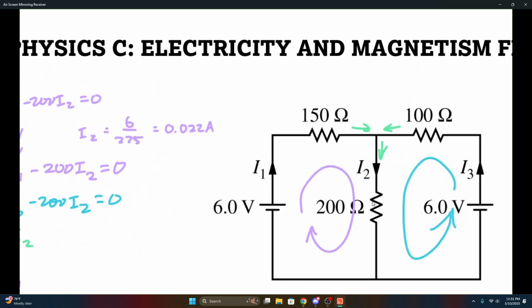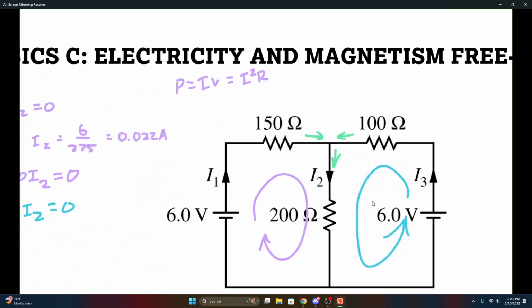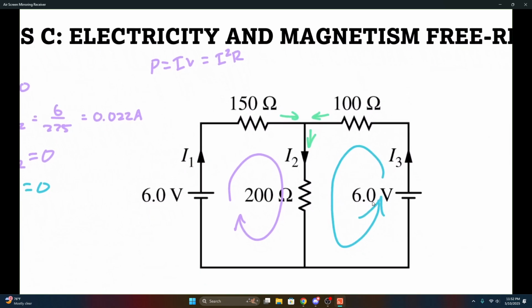Power dissipated by the resistor. Power equals IV equals I squared R. Let's just plug those numbers in. Squared, 200. Wait a minute. Did I get that before?